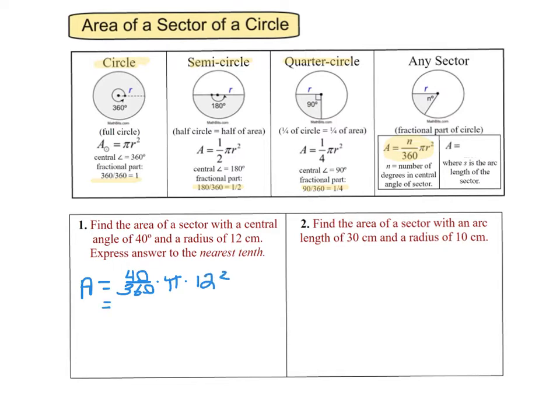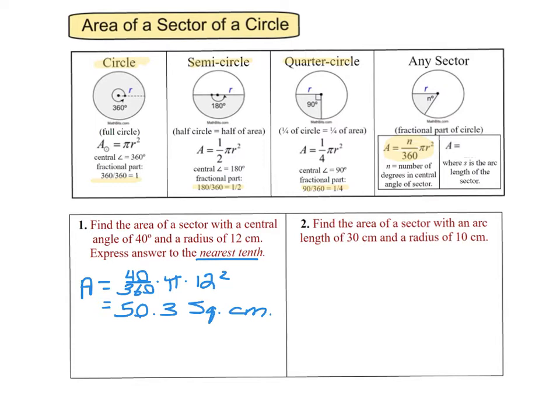When you put it all in your calculator, nearest tenth, you end up with 50.3 square centimeters.